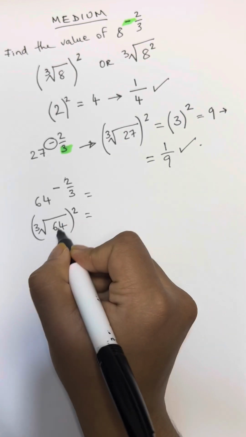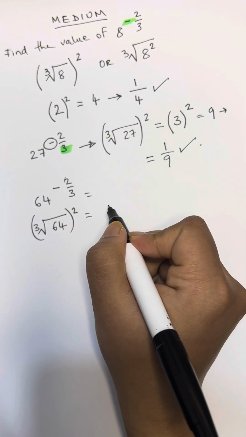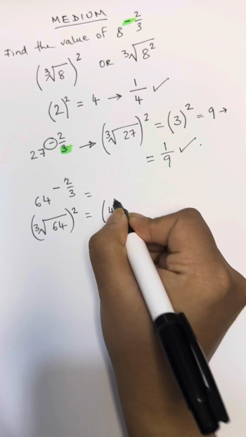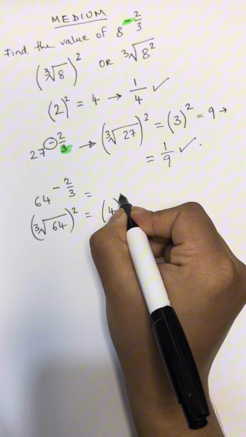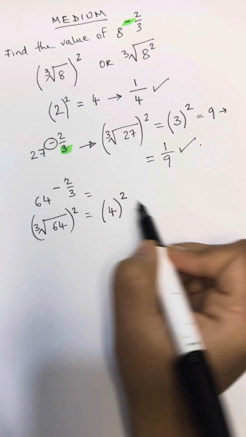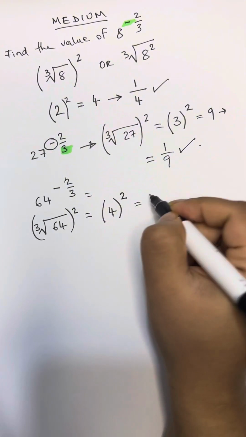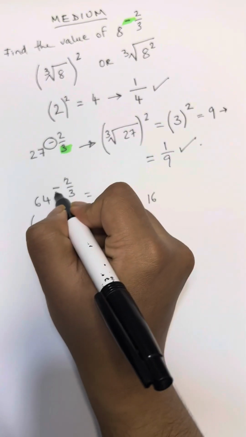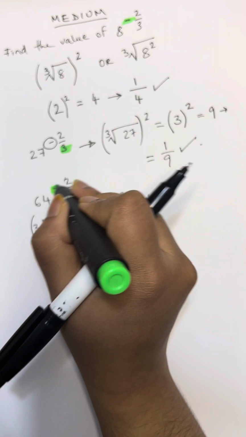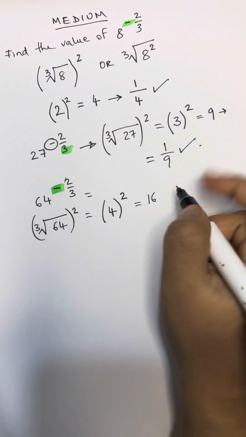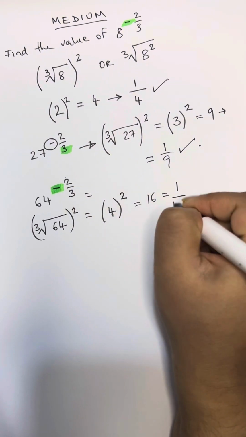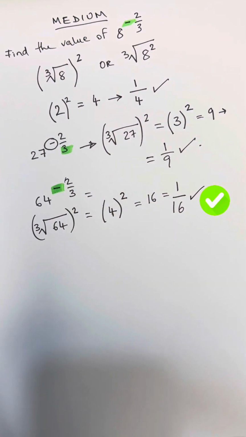So cube root of 64, that's going to be 4, and then we're going to raise it to the power of 2. So that's 4 to the power of 2, which is 16, because 4 times 4 is 16. Don't forget that there's a negative sign in the original question, so you need to flip this answer. So it's going to be 1 over 16, and that's our final answer.